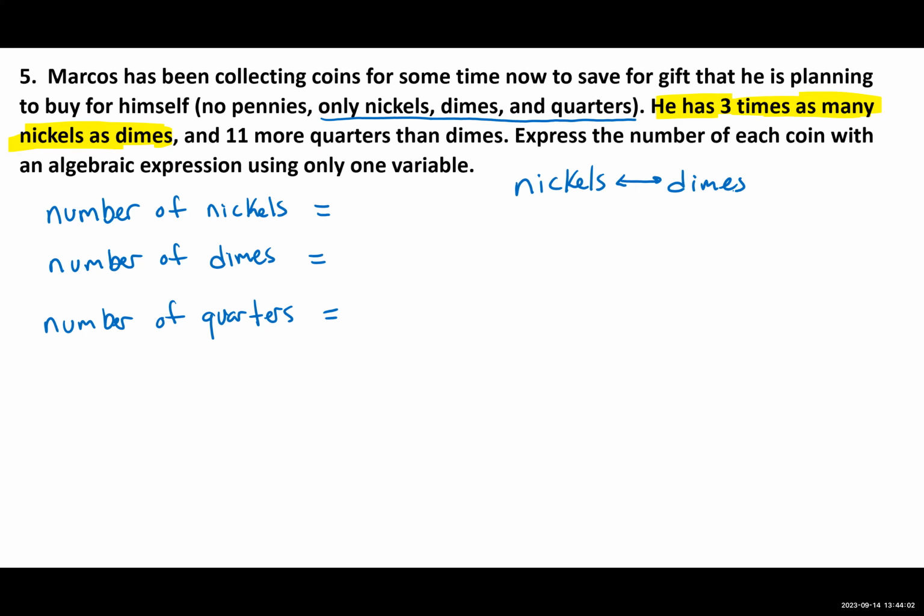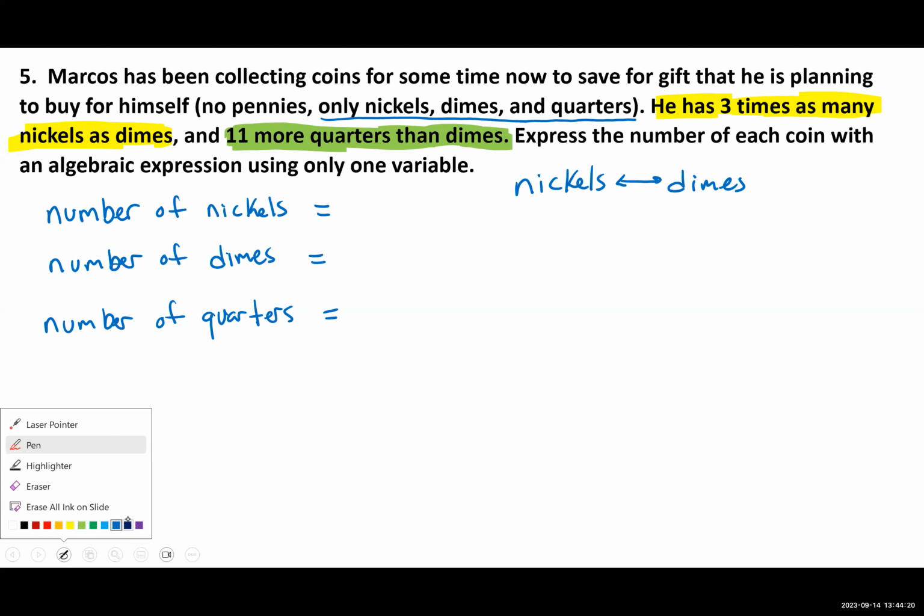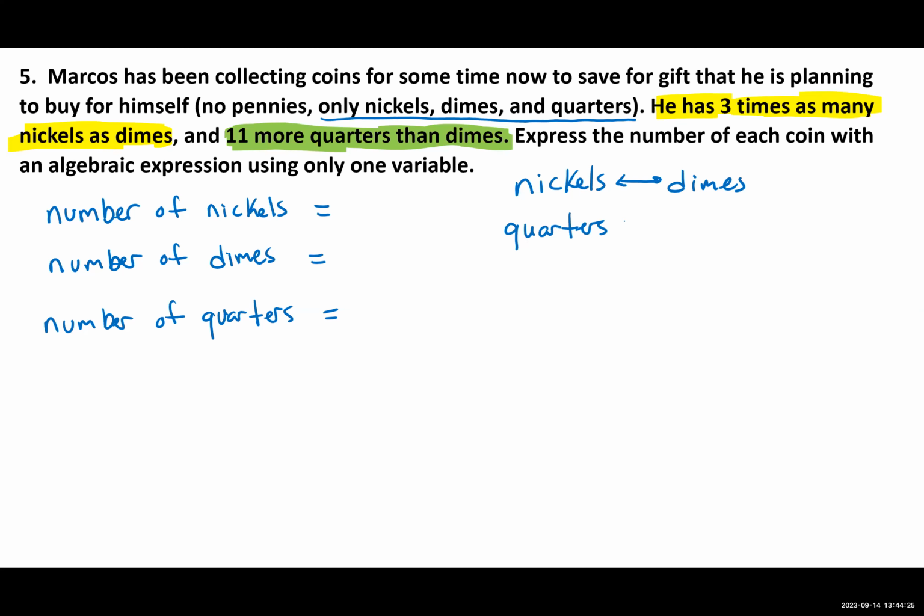Then we've got another statement: 11 more quarters than dimes. So we have another statement that tells us how quarters and dimes are related. So it seems like if we know how many dimes there are, then we could use that to figure out how many nickels and quarters there are.